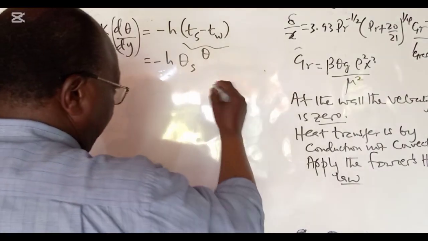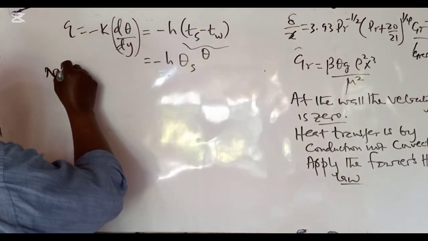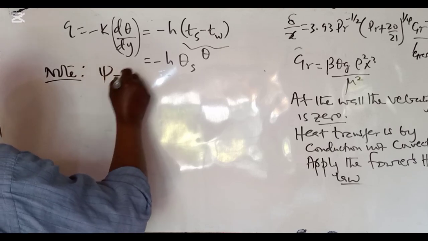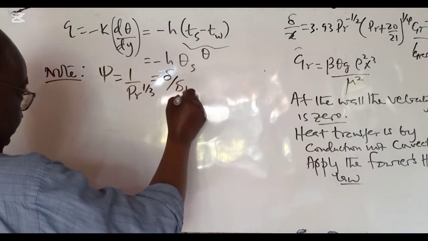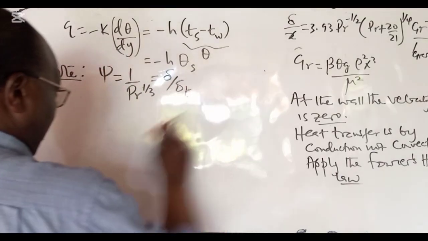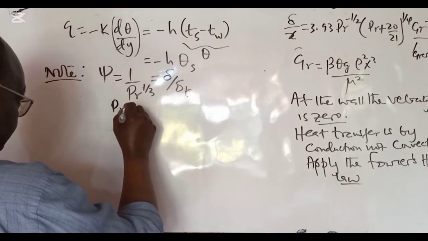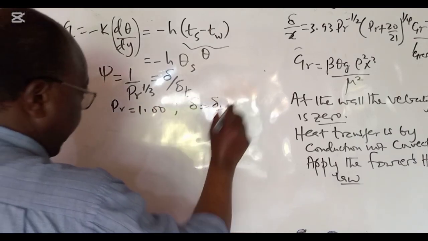We say they're both equal because earlier on we had seen that for this quantity, sigma over sigma t, when the Prandtl number is 1, then sigma is equal to sigma t.